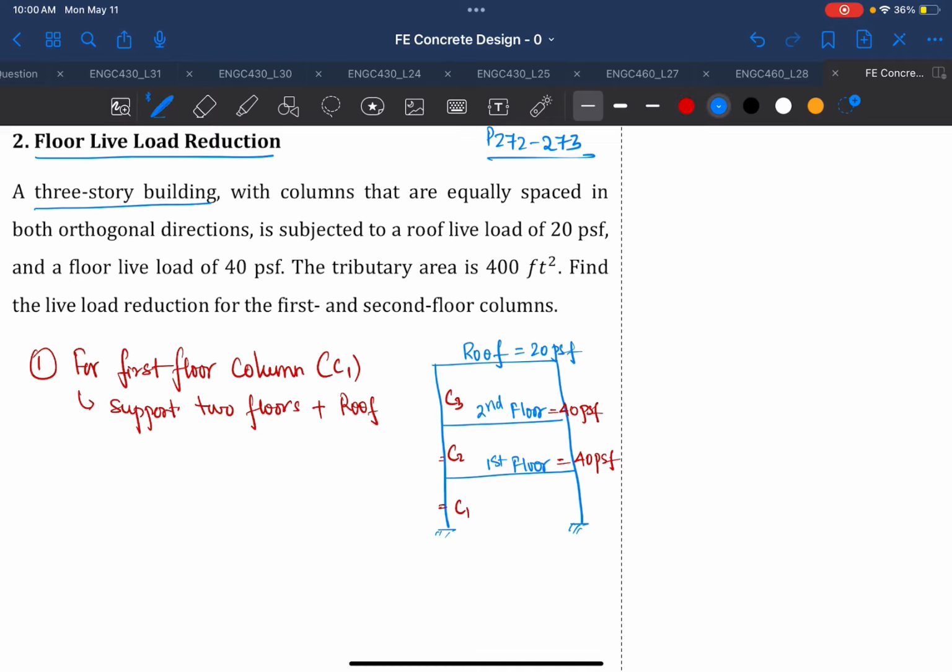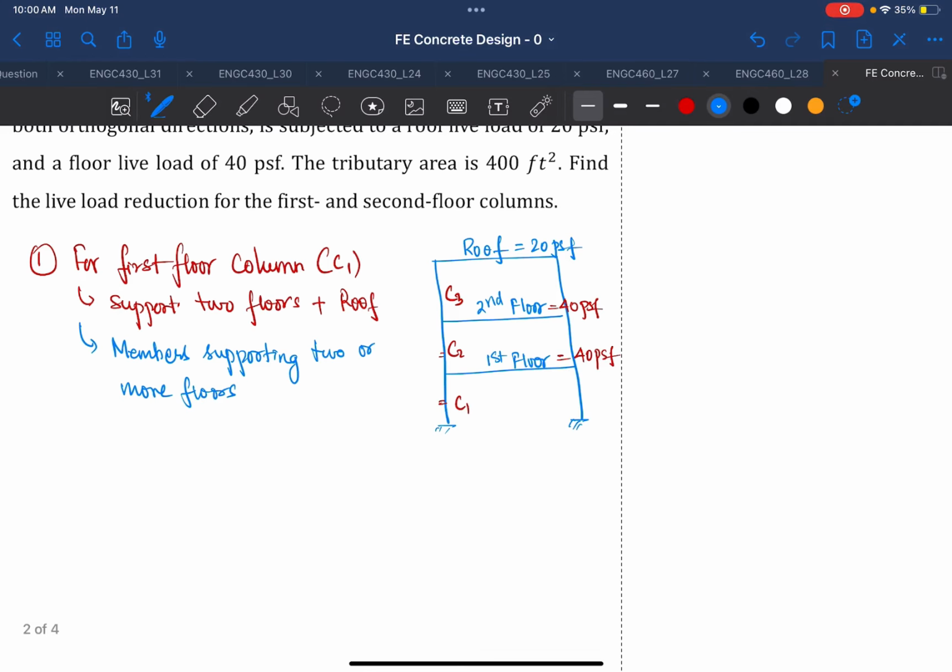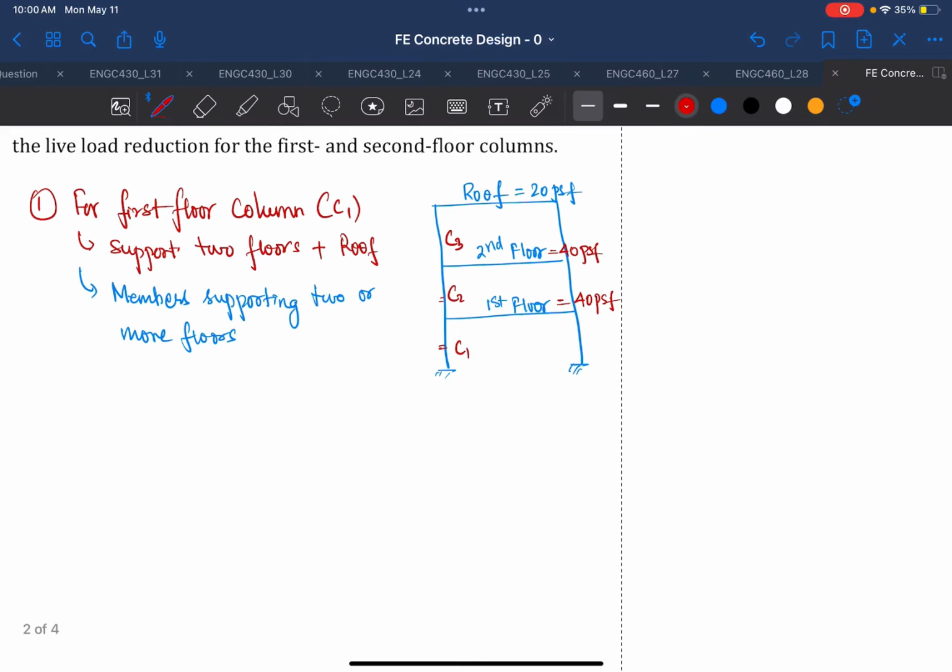If it has to support 2 floors and the roof, you'll see in your FE manual there is a provision for members supporting 2 or more floors. So we are going to look for members supporting 2 or more floors. Okay, so this condition is satisfied: a member supporting 2 or more floors.